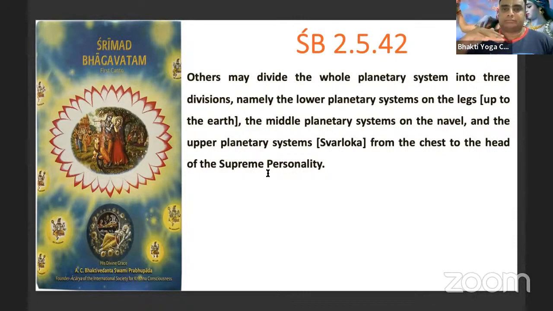So it's explained here that the lower body represents the lower planetary systems, the middle portion represents the middle planetary systems, and the upper part of the body represents the upper planetary systems. So these are the descriptions of the Virat Rupa, which represent the 14 planetary systems.